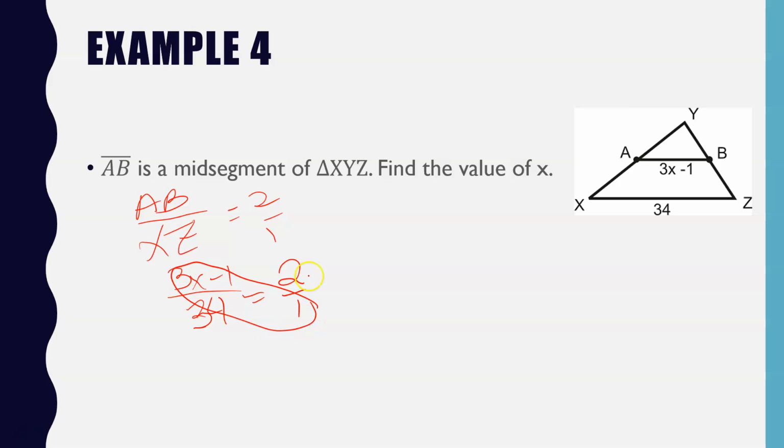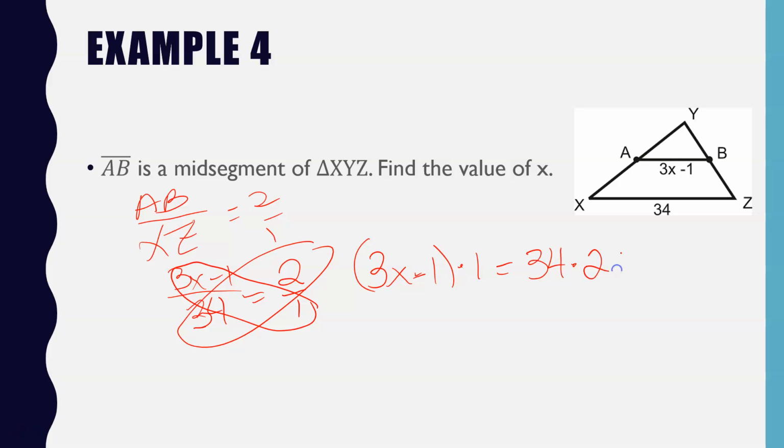I cross multiply, so I get 3x minus 1 times 1. And then I get on my other side 34 times 2. I distribute on this one, it just gives me back 3x minus 1. On the other side, I get 68 when I multiply.